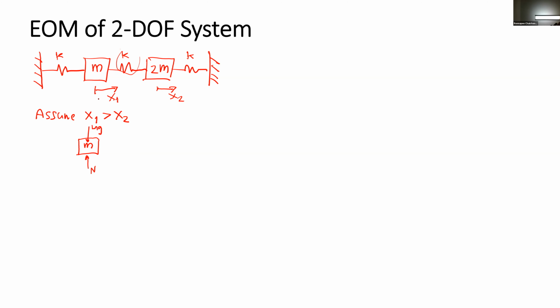So when the mass m travels to the right-hand side with the coordinate x1, we will have force due to the spring to the left-hand side, and the magnitude of the force will be the spring constant multiplied by the displacement x1.